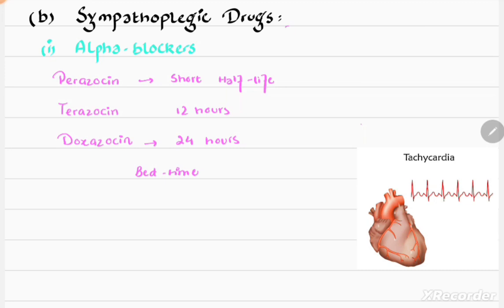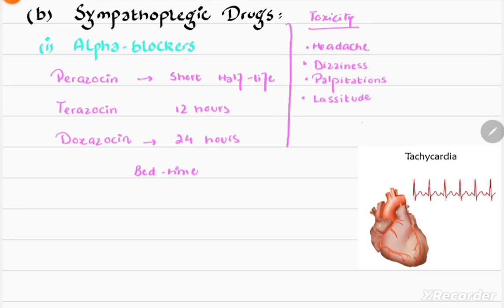The toxicity or the adverse effects of these drugs include some central side effects, which include headache, dizziness, palpitations, and lassitude, which is a feeling of general unwellness.